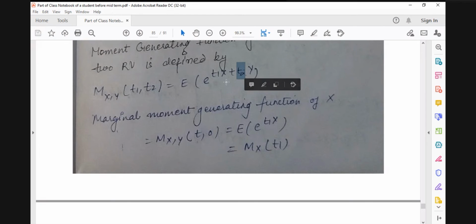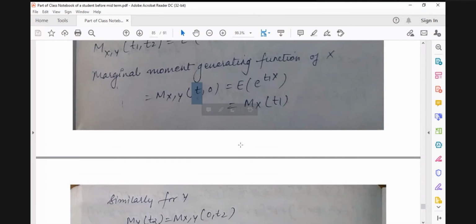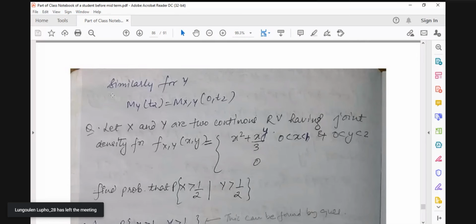Once you substitute t2 equals 0, obviously this term will be 0, and you are having the expectation of e raised to power t1X, and that is the marginal moment generating function for the random variable X. So here in place of t, we are having t1, because in the joint moment generating function it is M_{X,Y}(t1, t2). Similarly, you can have the marginal moment generating function of the random variable Y also. In that case, you have to put the first parameter as 0 and then t, like this.